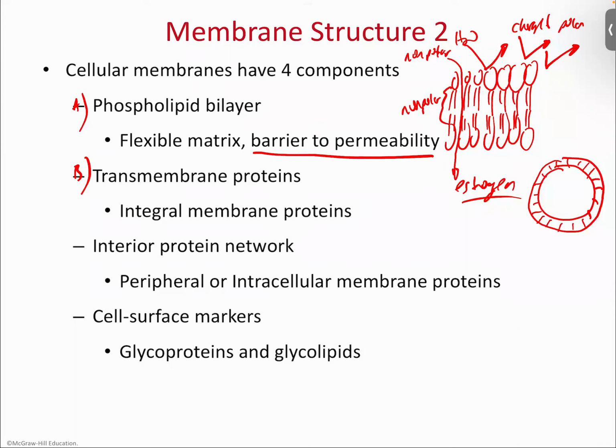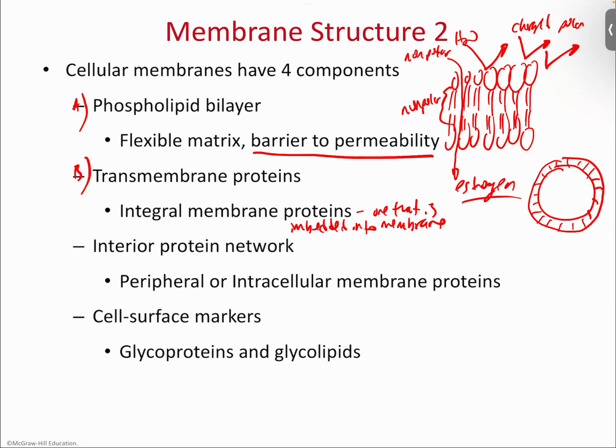Now there's a little bit of nomenclature and terminology here that I want to clear up, because it often confuses students. We've already seen one, right? It's the idea of a transmembrane protein versus an integral protein. Basically, an integral protein is one that is embedded into the membrane. It's integrated into the membrane. Now, integrin is a type of integral protein.